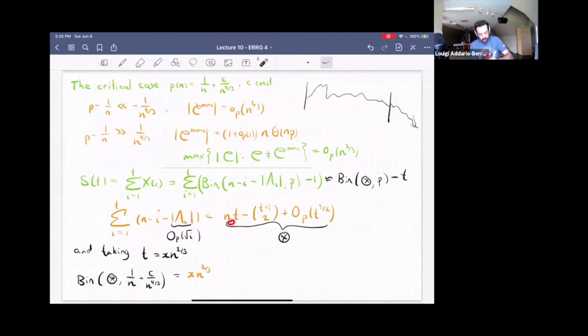nt times a constant on n to the 4/3 looks like, so we get an n to the 5/3 on top and then n to the 4/3 on the bottom. So that'll give us a constant x.